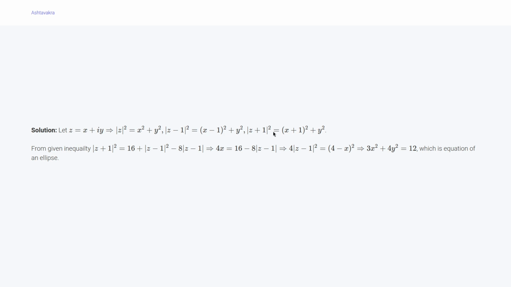Mod z plus 1 square is equal to x plus 1 whole square plus y square. From the given equality, we bring mod z minus 1 to the right hand side and square both sides. We get mod z plus 1 whole square is equal to 16 plus mod z minus 1 whole square minus 8 mod z minus 1.